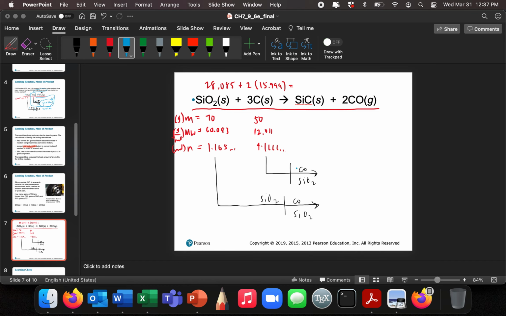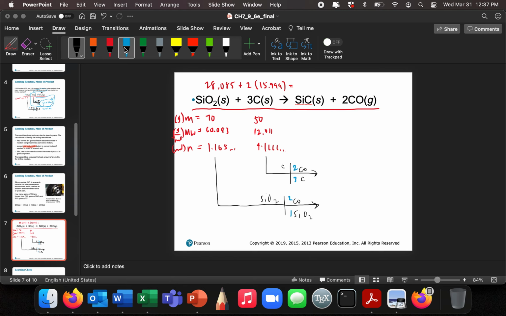My molar ratios are what go right here. It looks like there's 2 moles of carbon monoxide for every 1 mole of silicon dioxide. Oops, that wasn't supposed to be silicon dioxide. That was supposed to be carbon, and that's 3 moles of carbon. But 2 and 1. This is my carbon.